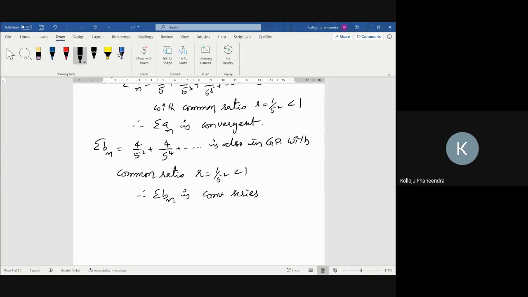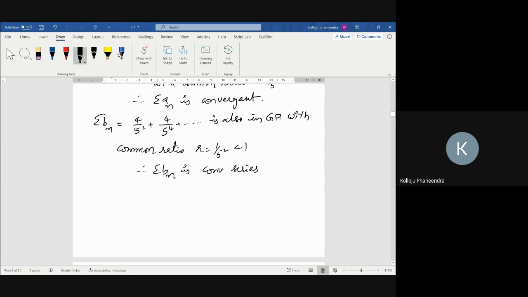Both the series are convergent, and the sum of two convergent series, not only two, more than two also, is always convergent. Convergent means tending to a unique value. Okay, sum of two convergent series is convergent.